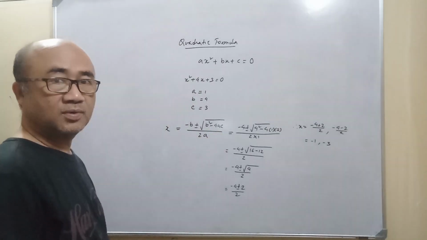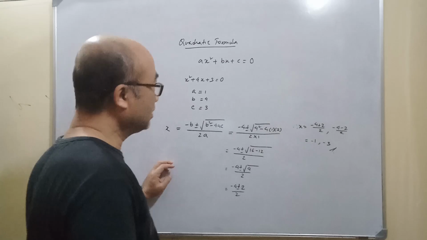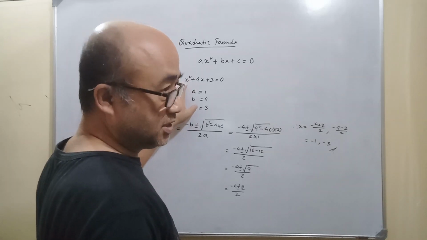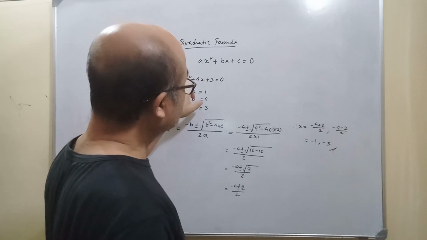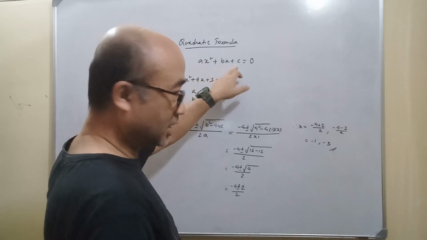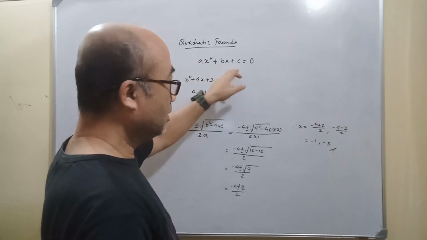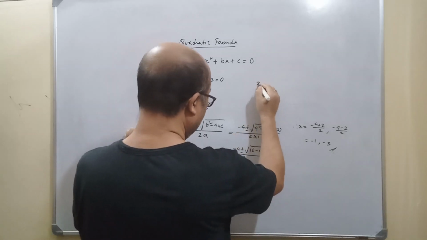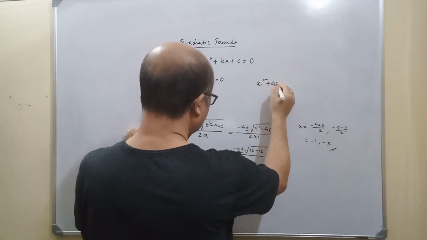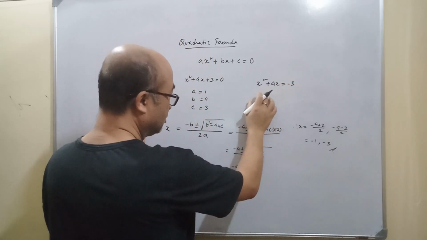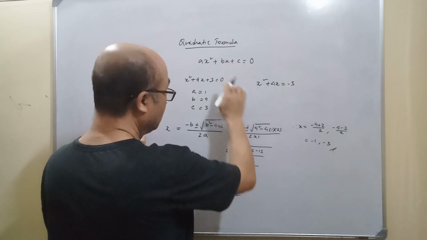Remember this. And one more thing, that when a quadratic equation is given, it is always better to first convert it to the standard form like this. If a quadratic equation is given like this, for example, say x square plus 4x is equal to minus 3, it is always better to convert it to a standard form for the quadratic formula.